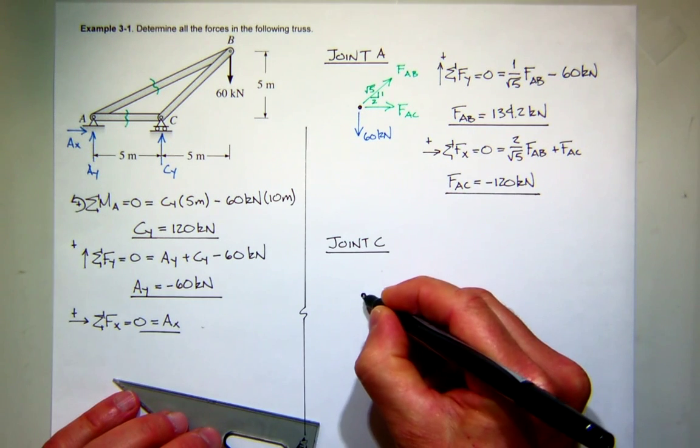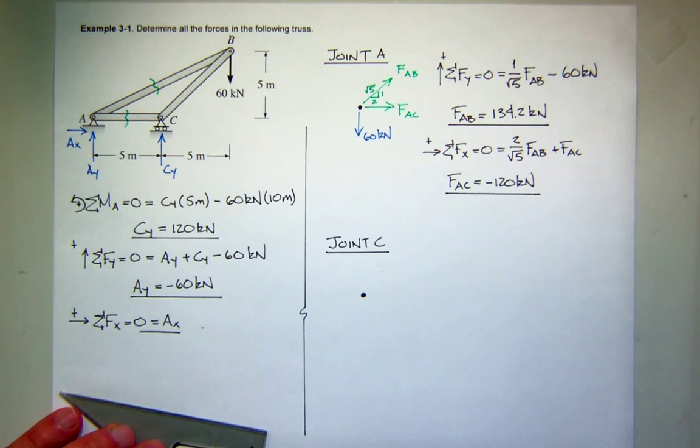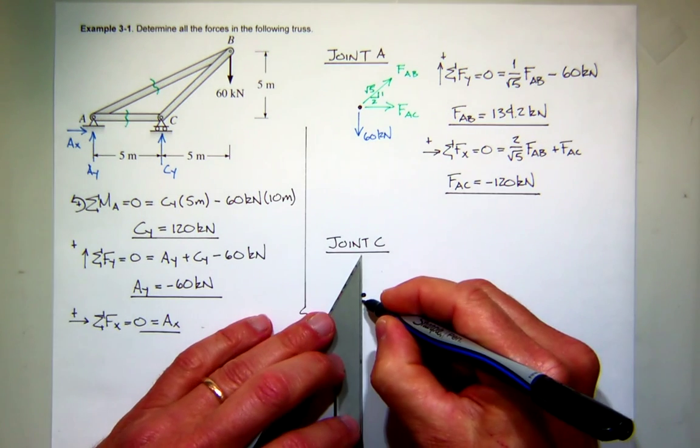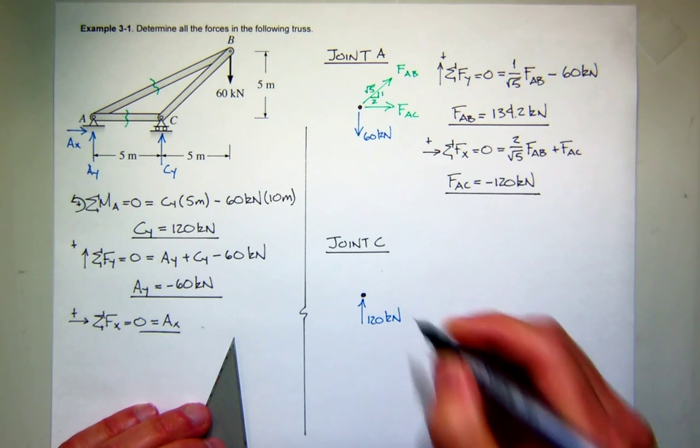There's my free body diagram for C. Again, very sophisticated. I'll put my reaction on there. I found CY to be 120, so there's my 120 kilonewtons.